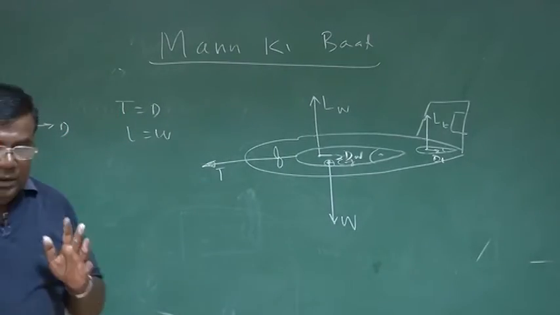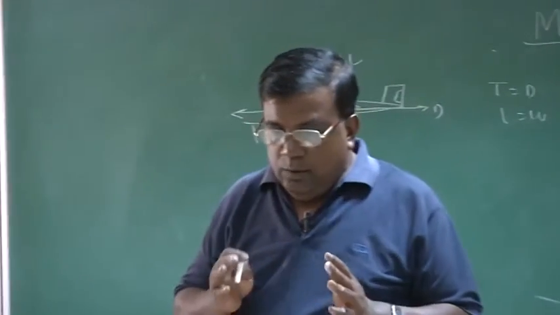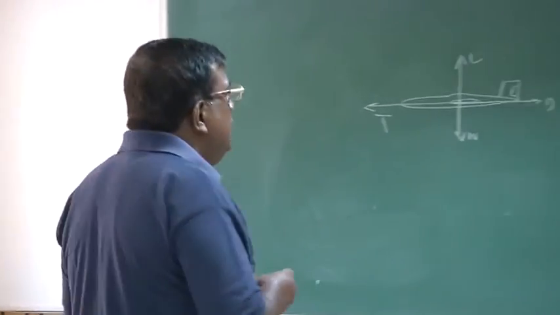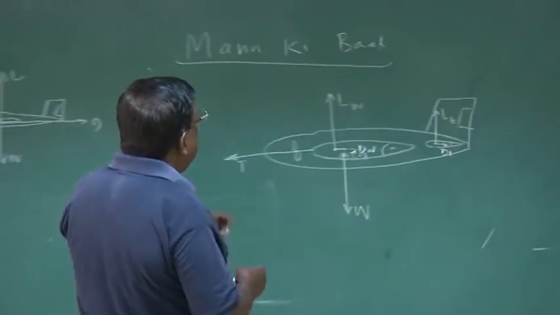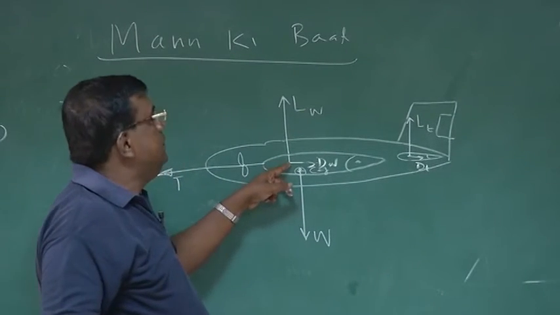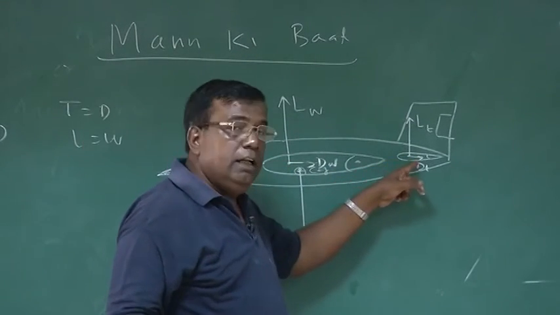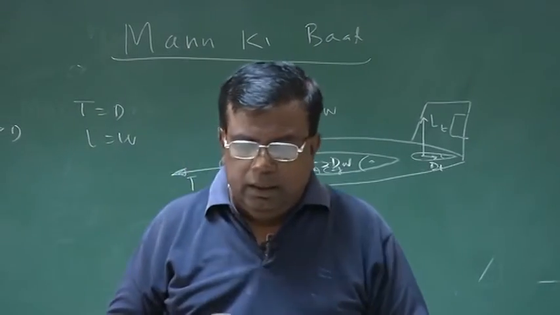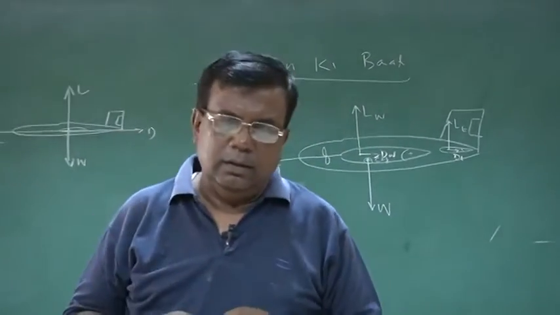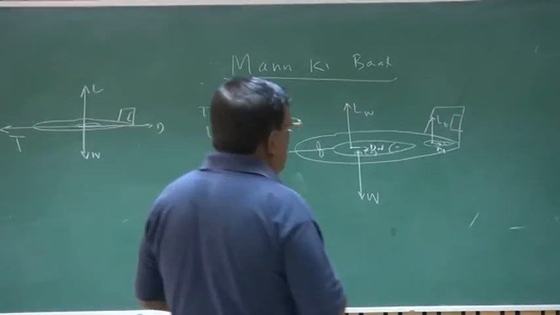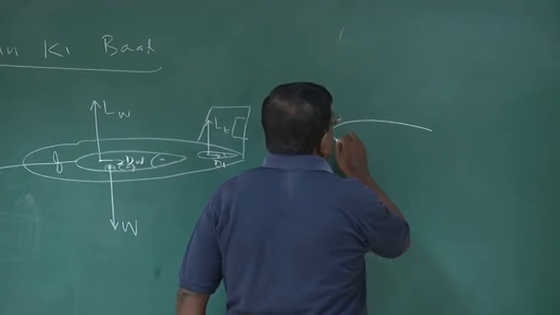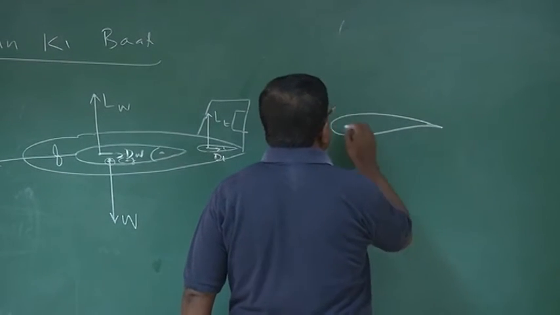Okay. So immediately a question came, where should I represent this lift acting? On the wing as well as on the tail. In a quick and short explanation, let us see a general aerofoil.